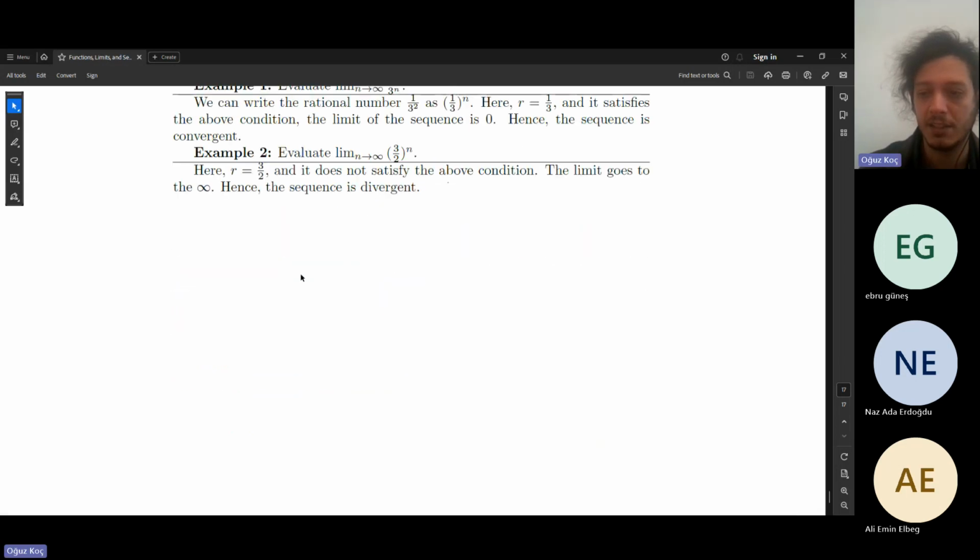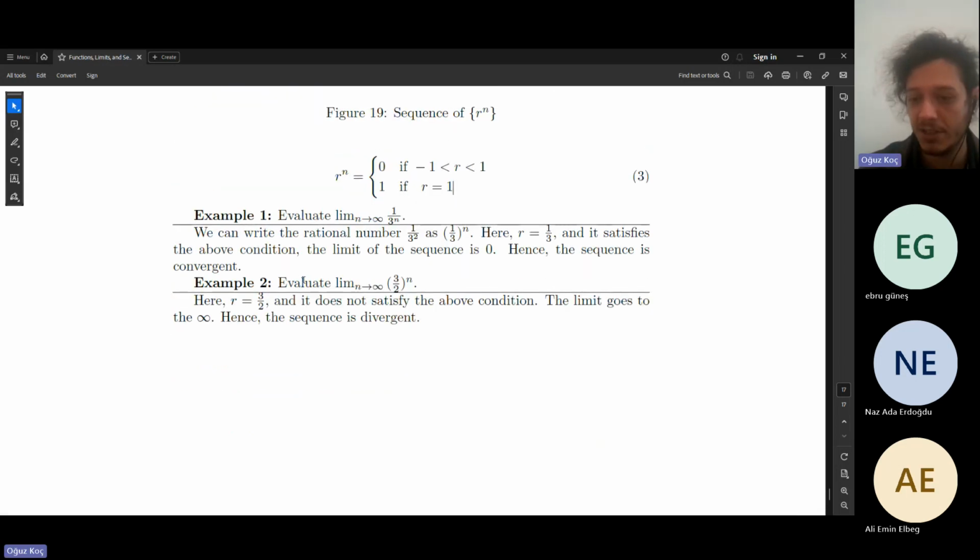Okay, we have the last two examples here. Example 1: we need to check whether the sequence 1 over 3 to the nth power is divergent or convergent. It has to be n; it is mistakenly written as 2.